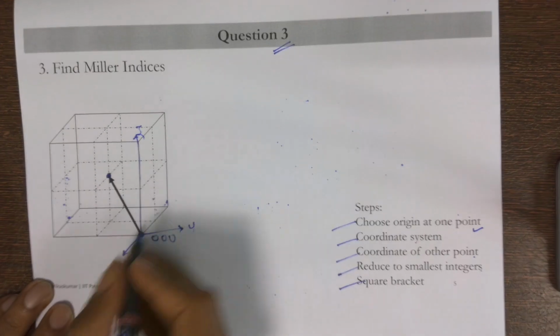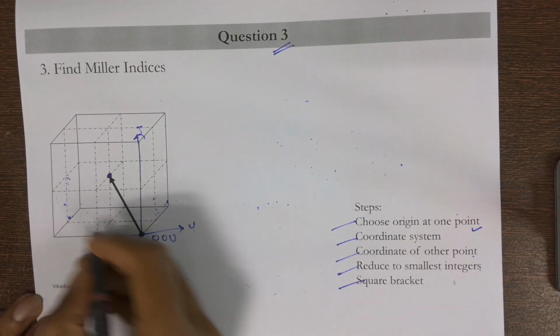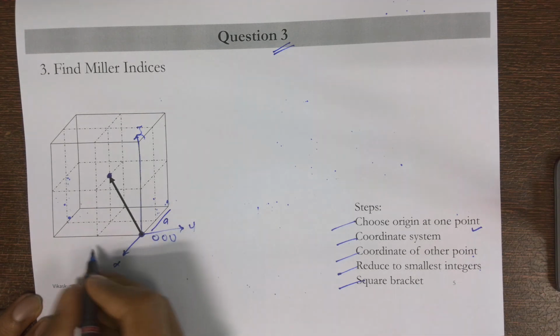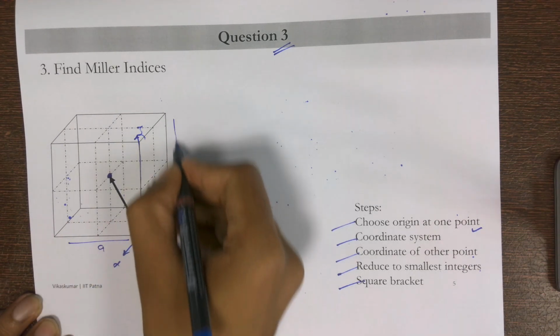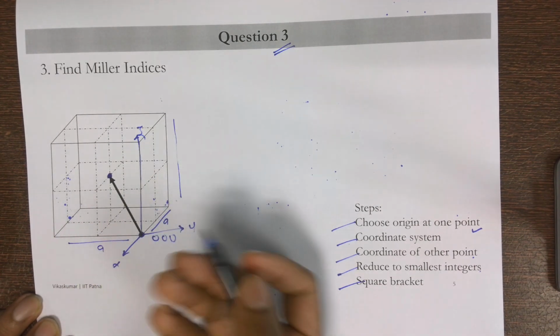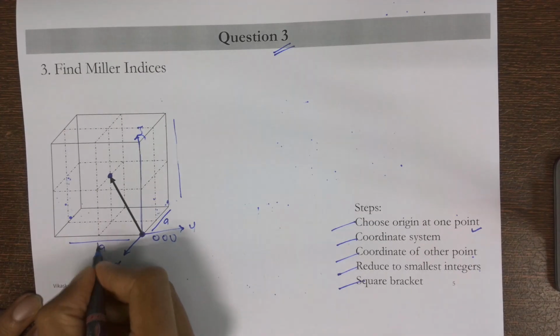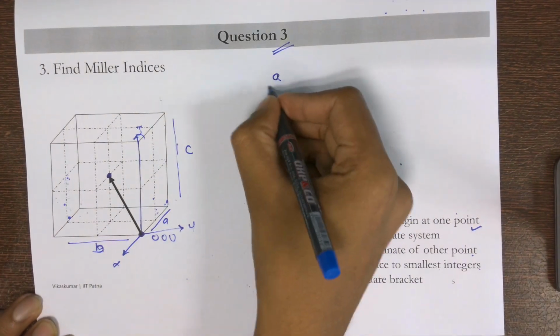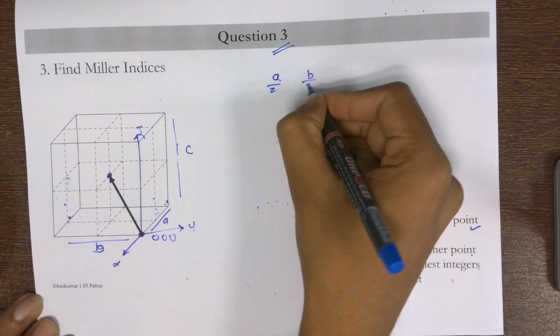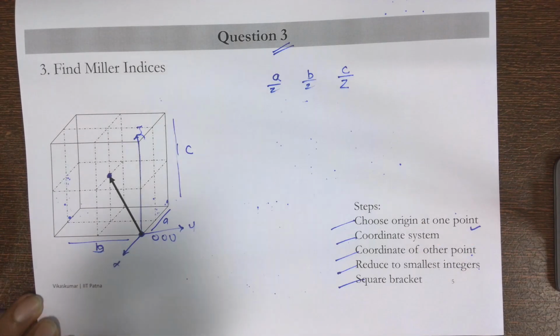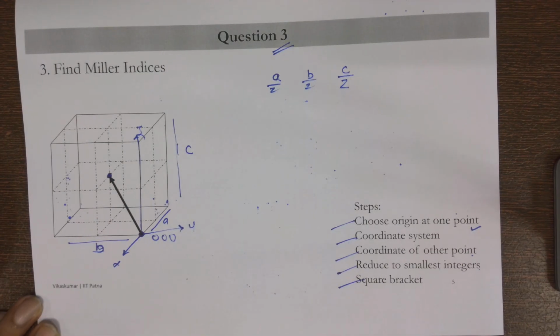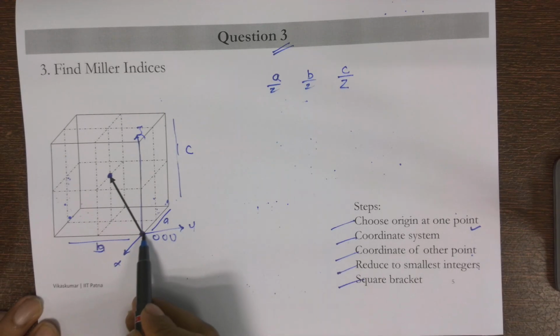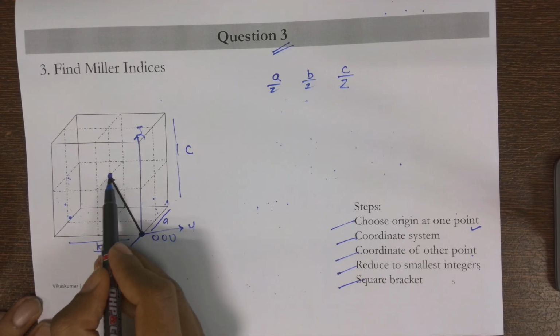If this entire edge is a, and the others are b and c, this point will be at a by 2, b by 2 and c by 2. But now taking this as origin, this point will not be a by 2, right?